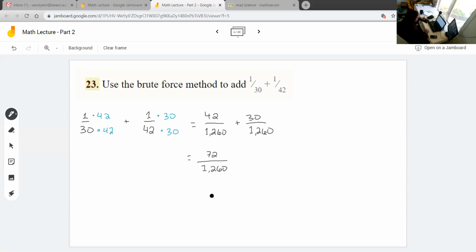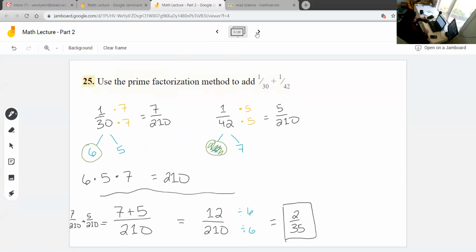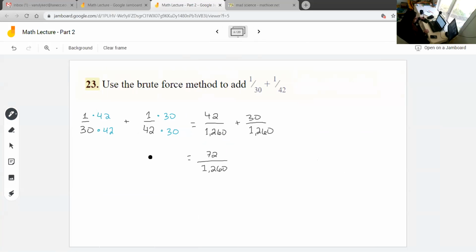This method starts much faster. I don't have to do any of that baloney with factor trees. But now I am kind of in trouble. That's a lot of reducing to do. I can see that they add up to something that's a multiple of 3 and they're both even, so 6 is going to work.